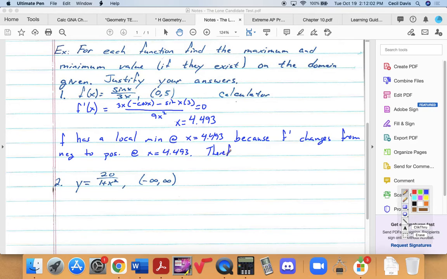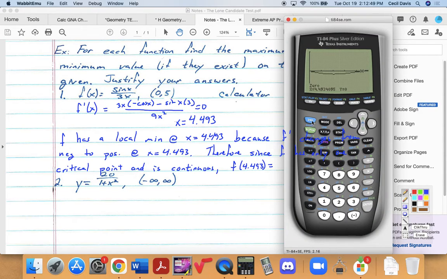So, therefore, since f has only one critical point and is continuous, f of 4.493, which we need to put into our calculator, and what I'm going to do is, since that value is already stored in its brain at the moment, I'm just going to do sine of x divided by 3x.